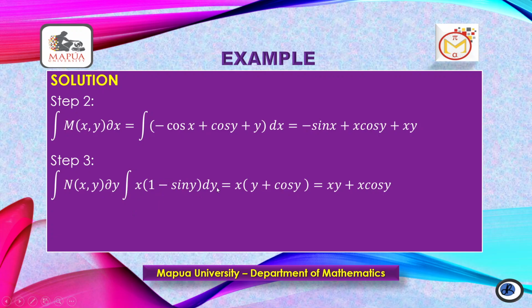When we distribute the dy, the integral of dy is y, so we have xy here. And then we can evaluate the integral of sine y dy. The integral of sine is negative cosine, so negative times negative is positive here. So we have positive x cosine y.